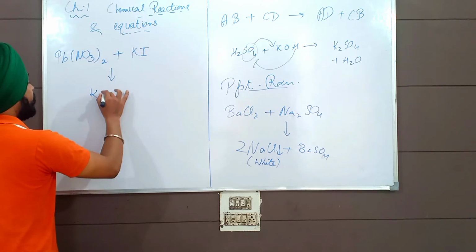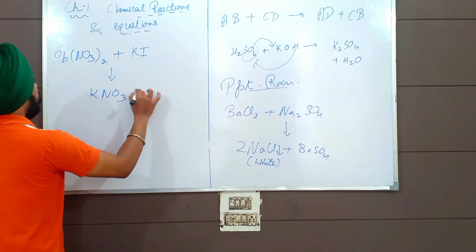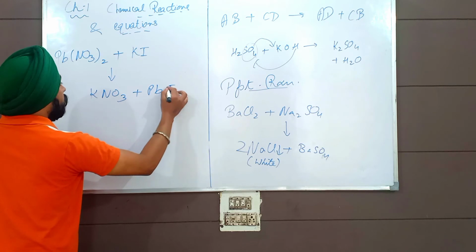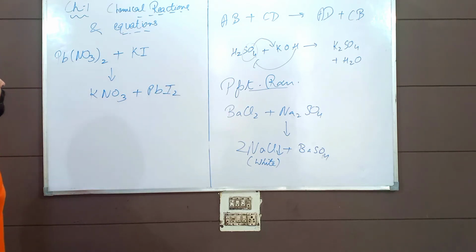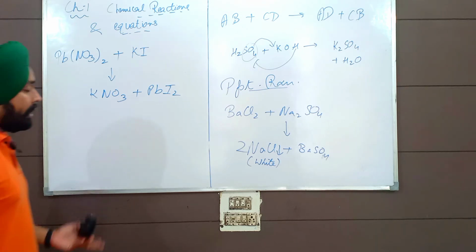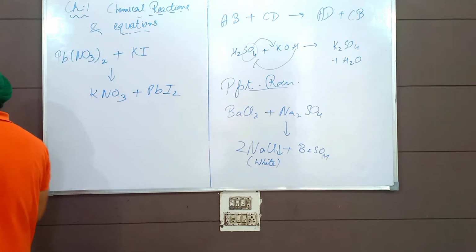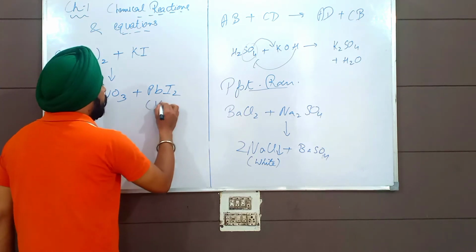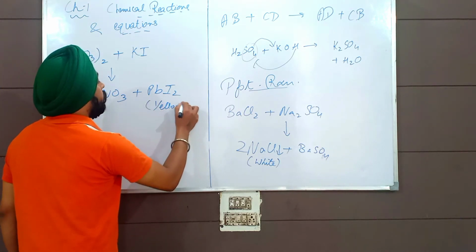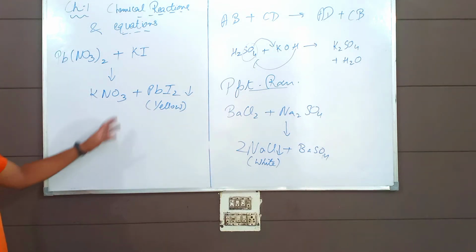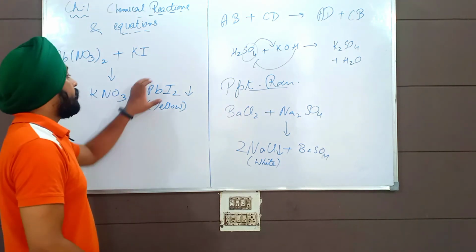So I'll get potassium nitrate plus lead iodide. Again in this there will be formation of a yellow PPT of lead iodide.